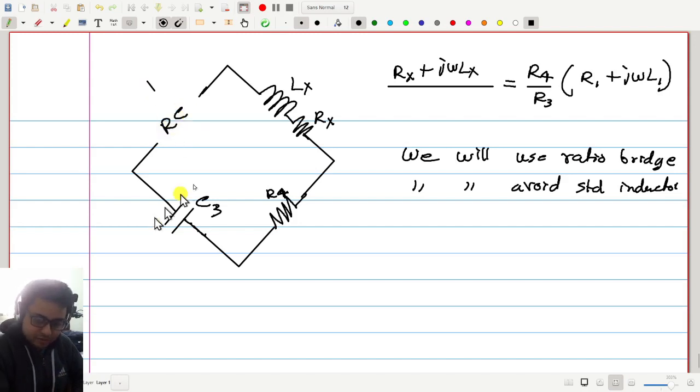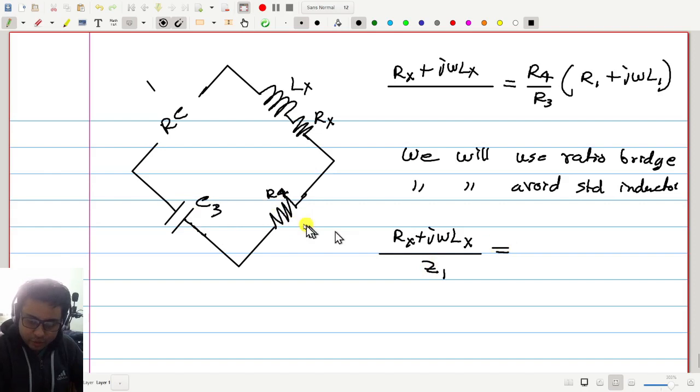Call it 1, 2, 3, 4. RC series or RC parallel? Parallel. Let us see. Series. Let us see. We are making a ratio bridge, right? So this divided by this, Rx plus j omega Lx, divided by Z1.